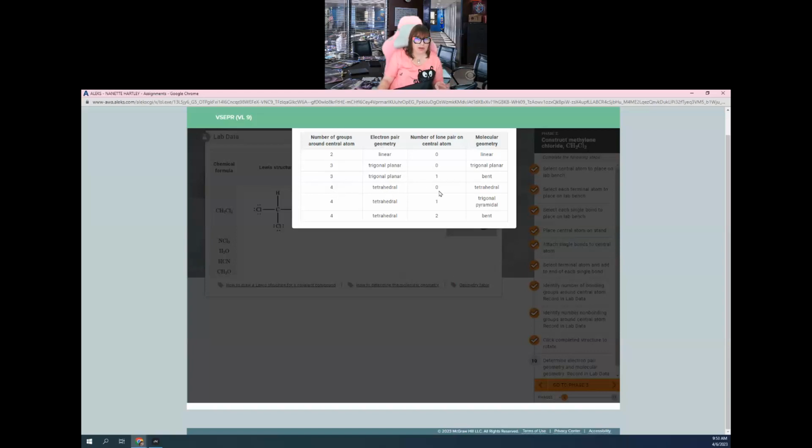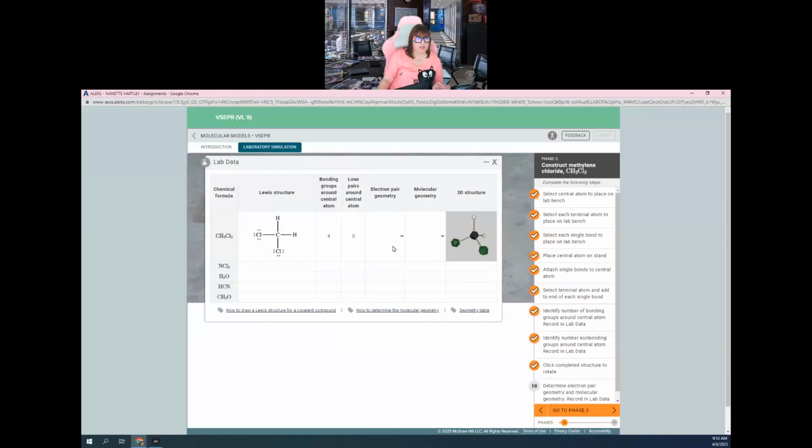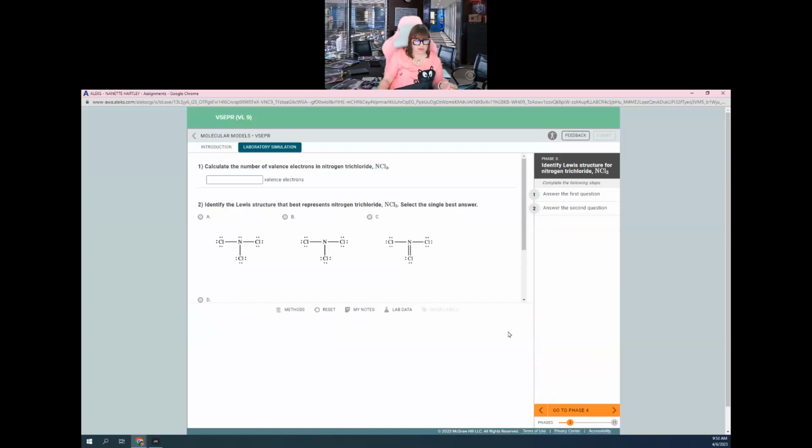And if there are no lone pairs, that's also tetrahedral. Okay, so that's the geometry that we need. So this is going to be tetrahedral, and this is going to be tetrahedral. So that is how we do that first time, right? And then you're going to go through each of the ones after that.